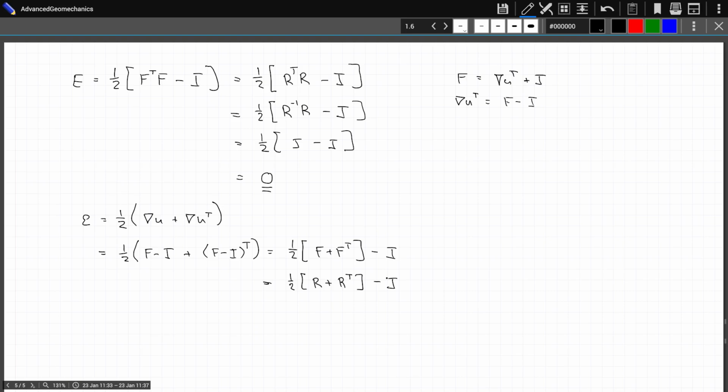I plus I, or 2I, times 1/2. So then this term becomes I minus I, and then it's zero. So what I'm going to say is that this is not equal to the zero tensor for any R not equal to I.